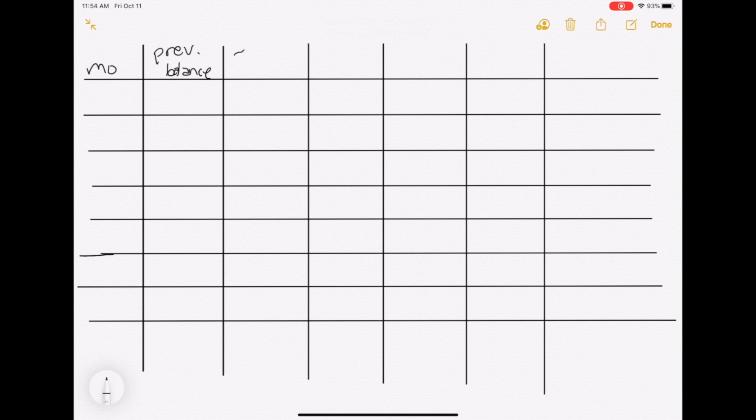And then we have our finance charge, and that is the interest rate that they're charging you for borrowing their money. Then we have any new purchases, our current balance. You will need this for check for understanding A, so you might as well make this chart while I am. Then we're going to have our payment, and that will give us our final balance.